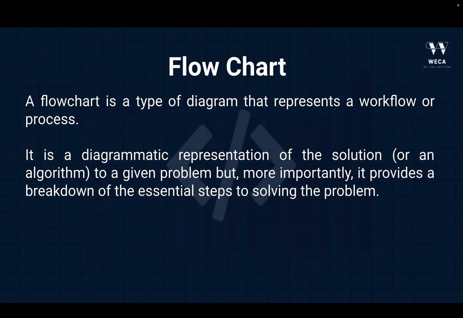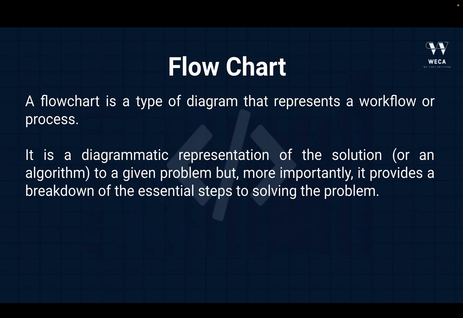All right, let's see something else that we have in conjunction with algorithm. Flowcharts. A flowchart is a type of diagram that represents a workflow or process. It is a diagrammatic representation of the solution or an algorithm to a given problem.